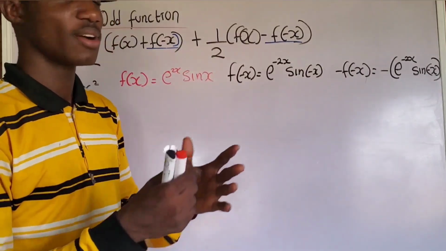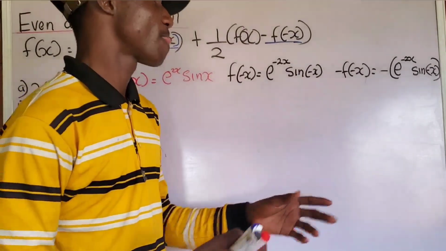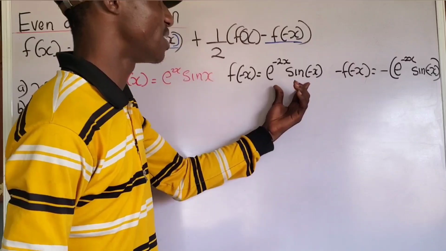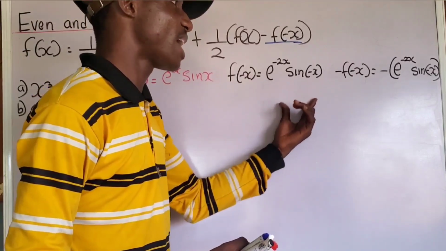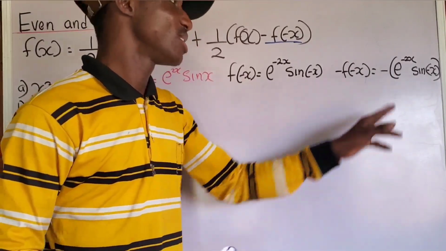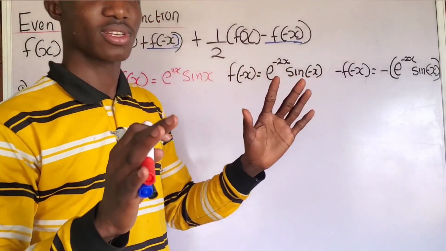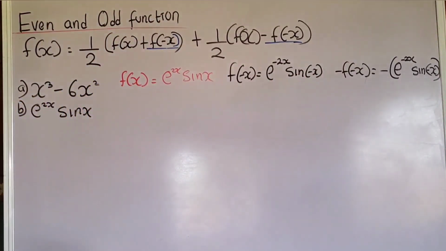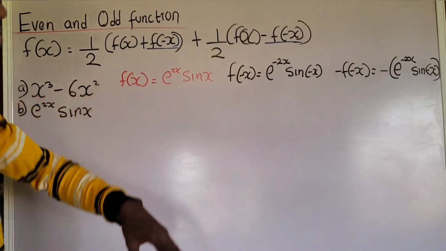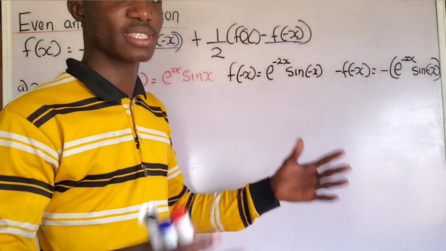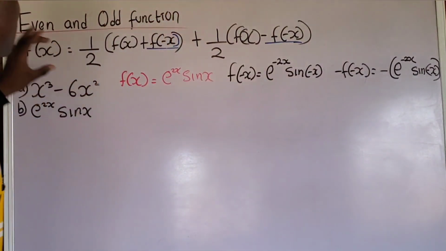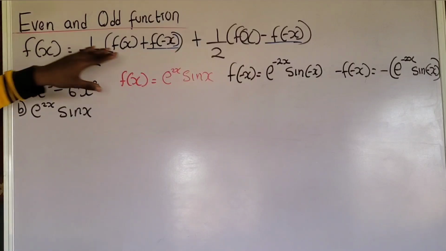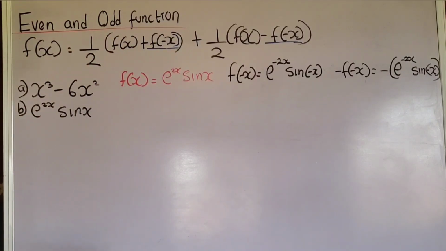Now, to get negative f of negative x, you can see that I just put all this function that you have here inside the bracket. So I multiply by negative. That's all. If you didn't understand, listen to the explanation again. Okay, now having gotten f of negative x and negative f of negative x, you can now test maybe this function will be equal to this.